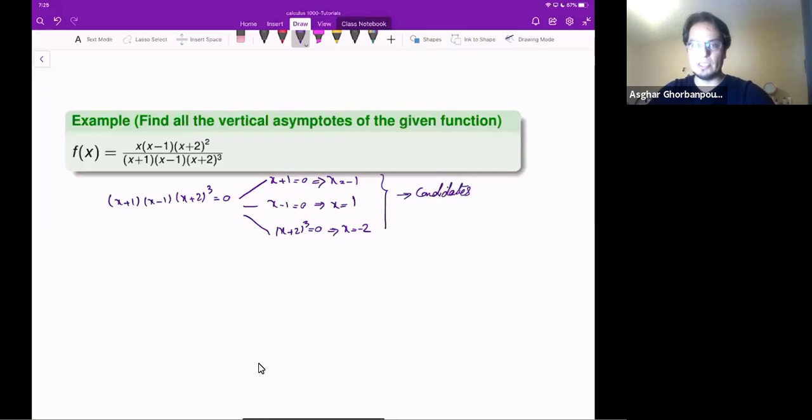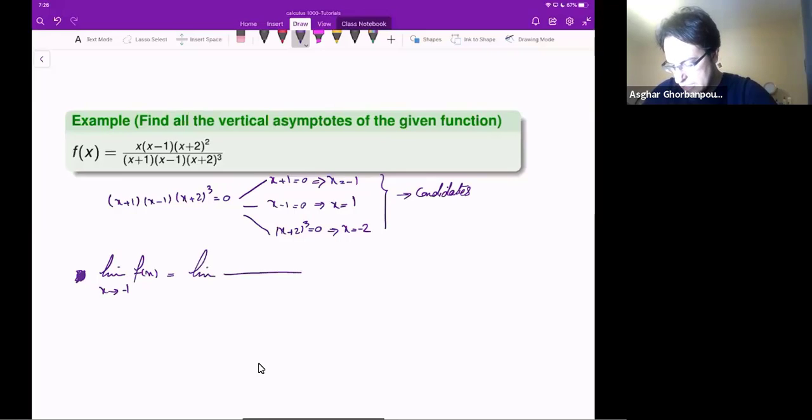And now I have to go ahead and find the limits of the function when x approaches one of these numbers. So first, the limit of f(x) as x approaches negative 1. So this is x times (x minus 1)(x plus 2) squared over (x plus 1)(x minus 1)(x plus 2) cubed.